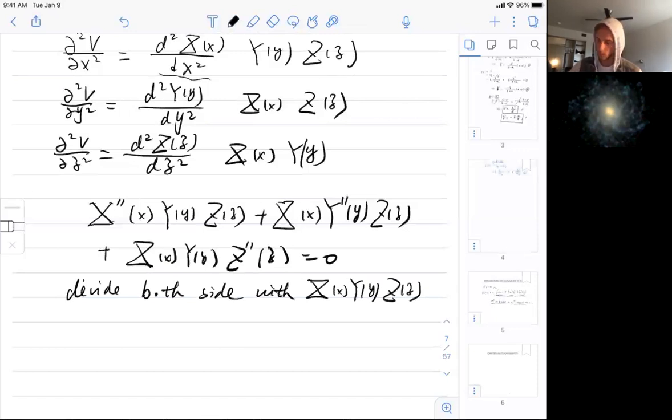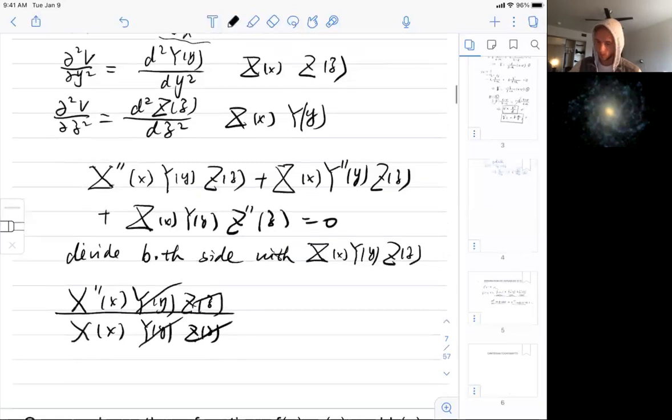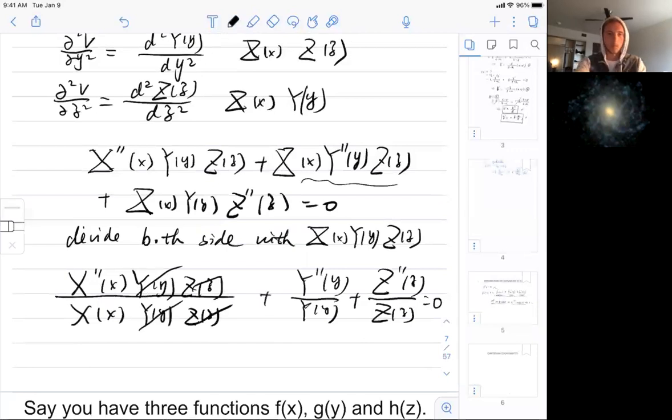The first term, when you divide it by X, Y, and Z, the Y and Z cancel, right? So you get the second derivative of X over the function itself. The second one, you get the second derivative of Y over itself. The third, you get the second derivative of Z over itself, equals 0. All right, so I've got something that looks like this.